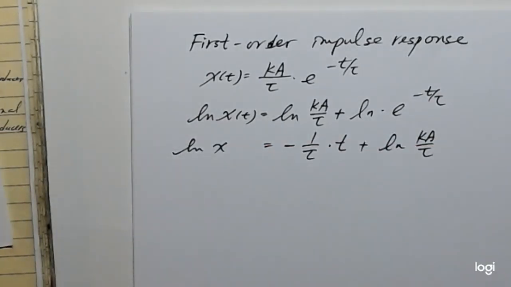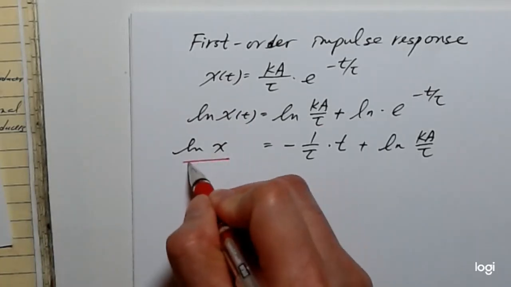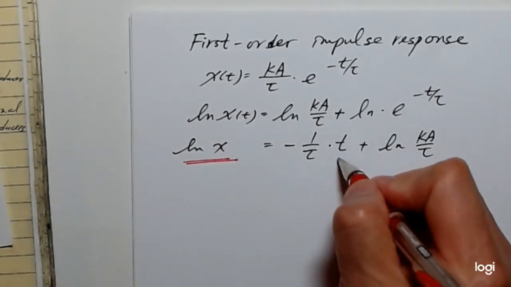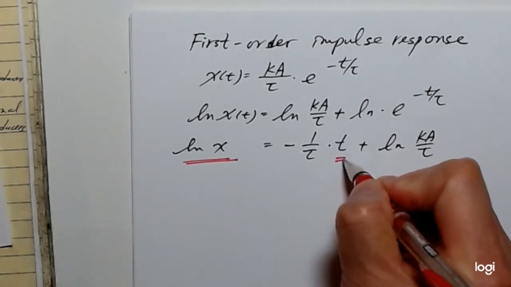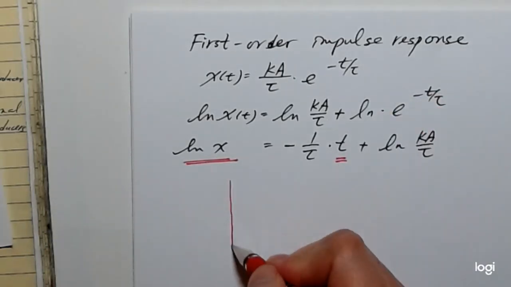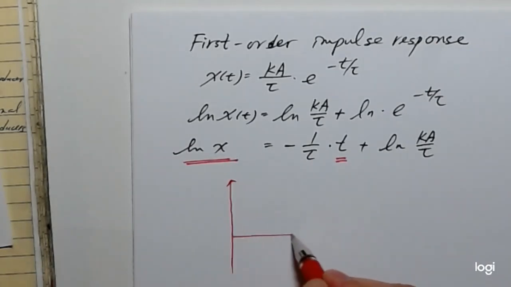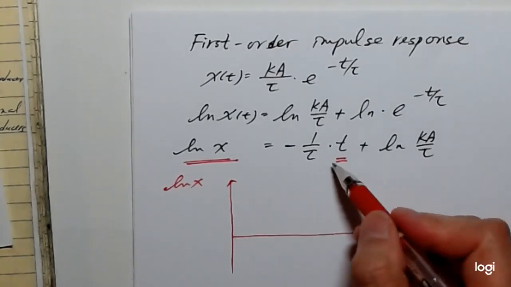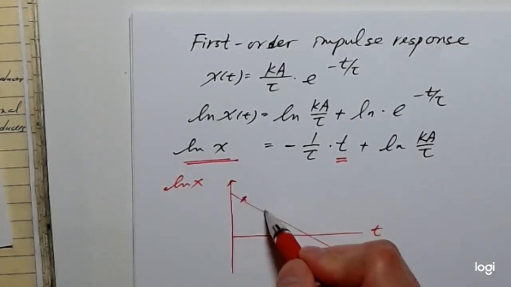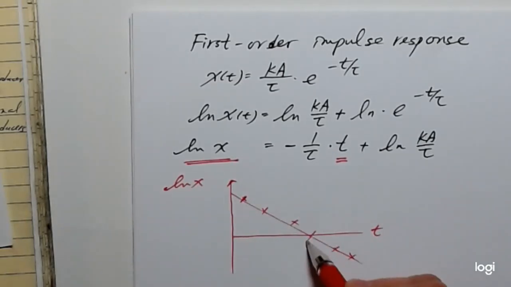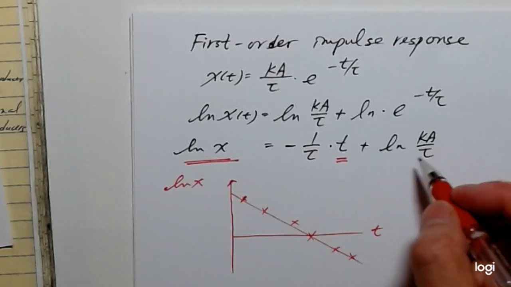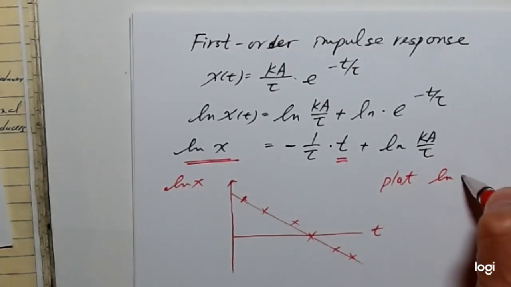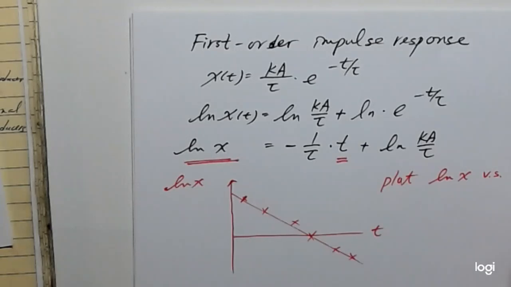So if we plot this one, natural log of the data point x of t versus t, if the data point shows this curve, you plot natural log x versus t.